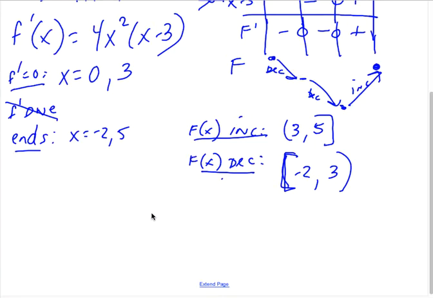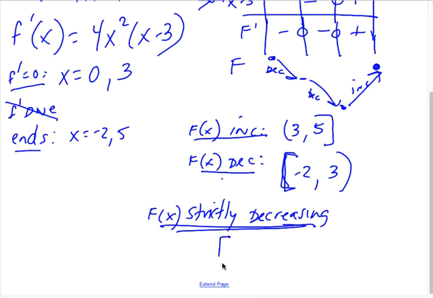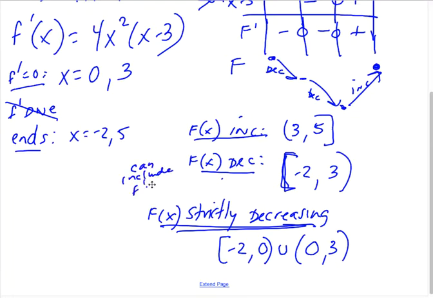So if I asked you when f of x is strictly decreasing, that would be this window to 0, and it would skip over 0 and go to 3. So the issue is that f of x decreasing can include when f prime of x equals 0 if it's negative on both sides. So see how f prime was negative and then continued to be negative? It can include that spot where it's 0. But strictly decreasing is f prime of x less than 0 only.